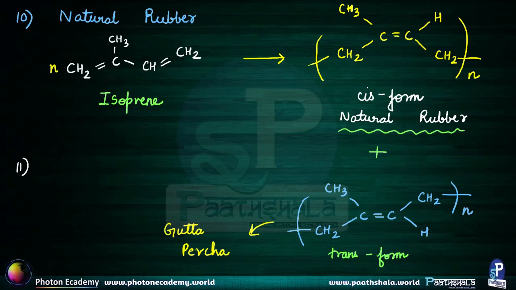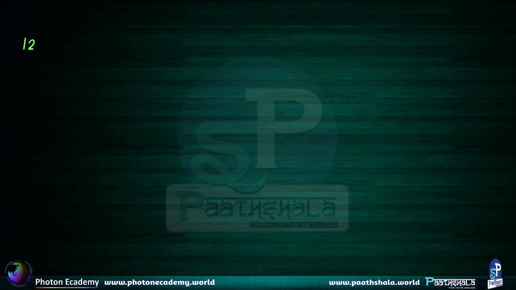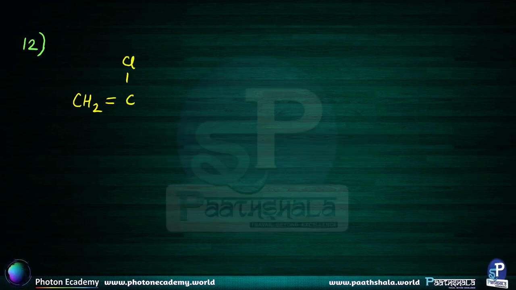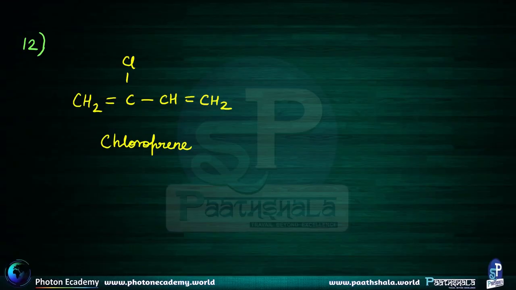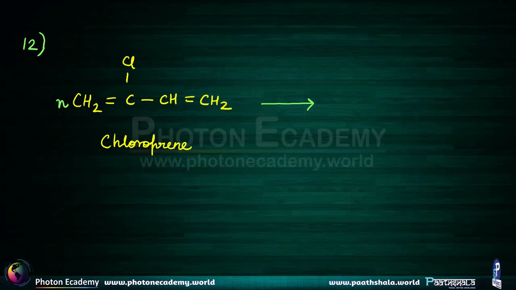Now the 12th one, we've already done this also, it is polychloroprene. So here the monomer is CH2 double bond CCl with CH, a double bond and a CH2. And this monomer is called chloroprene. And chloroprene on polymerization, n units of it, will lead to the formation of the polymer, which looks something like this.